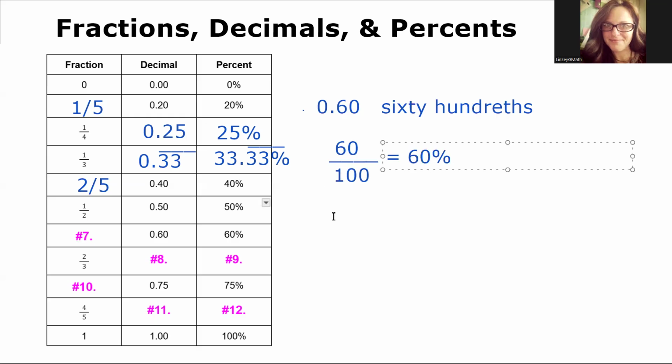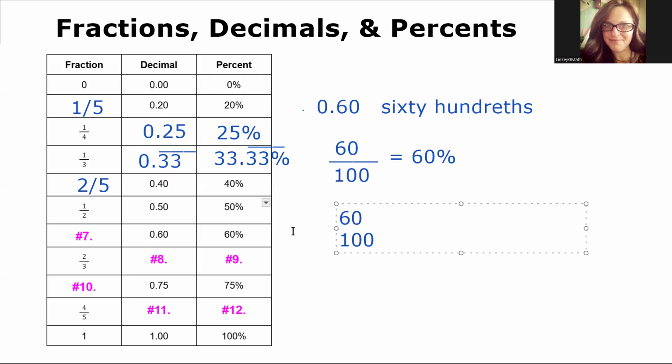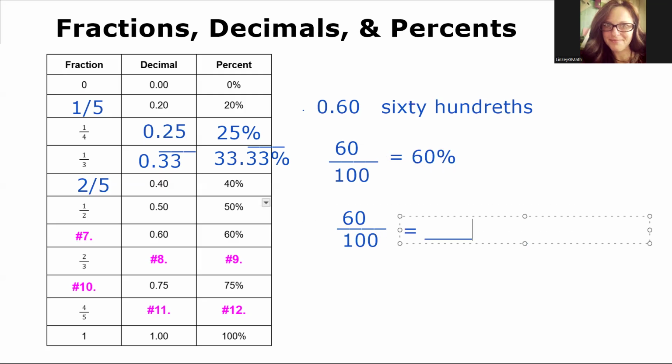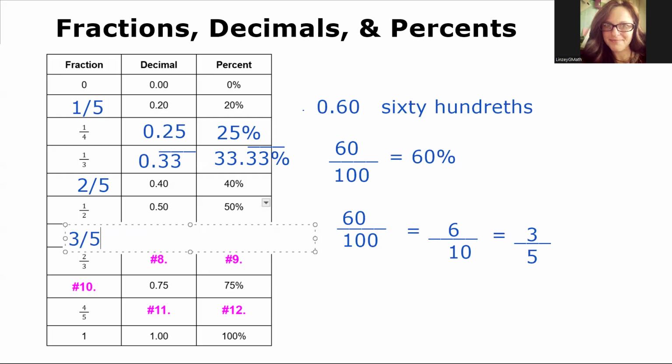So we can reduce this fraction, 60 over 100. We can divide the top and bottom by 10. And we get 6 out of 10. And we could divide by 2. And we get 3/5. 60% is 3/5.